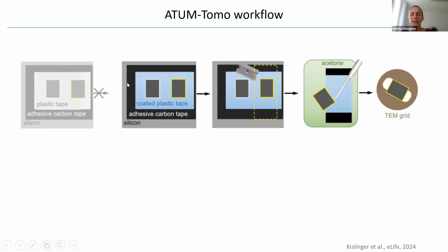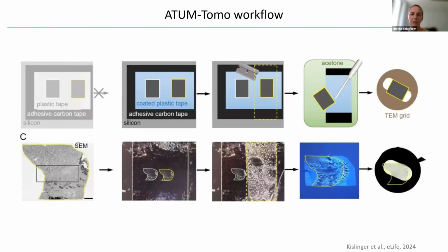It's the same carbon coated Kapton tape, but now coated with a marker pen. Then we can cut off the gluing tape around the plastic tape, rinse the section off with acetone, and collect it on a TEM grid.